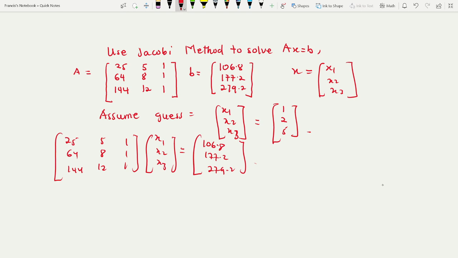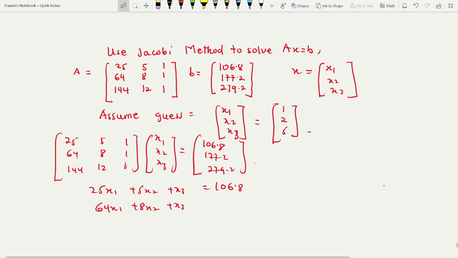So after getting this, we just write the equations down. So what do I get? I'll get 25x1 plus 5x2 plus x3, right? Then it should give me 106.8. Then I'll have 64x1 plus 8x2 plus x3 is equal to 177.2.